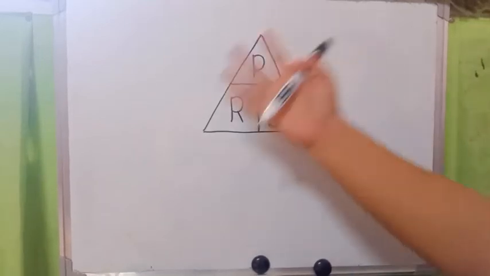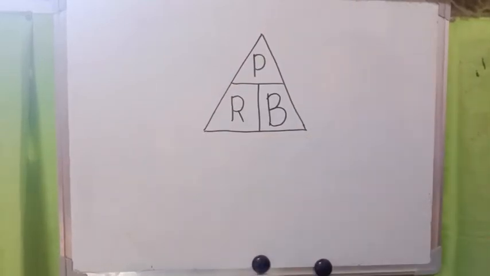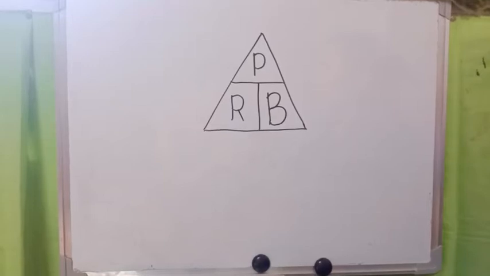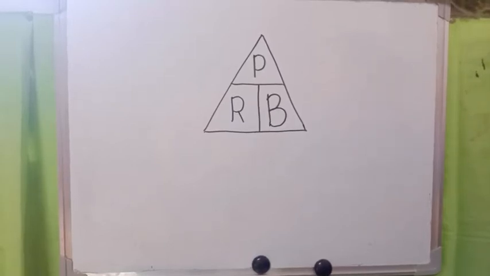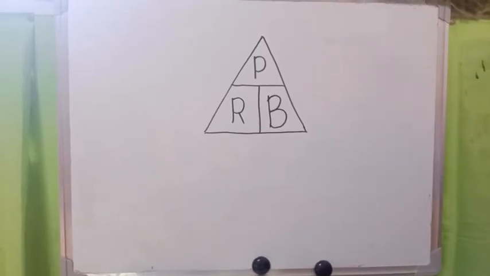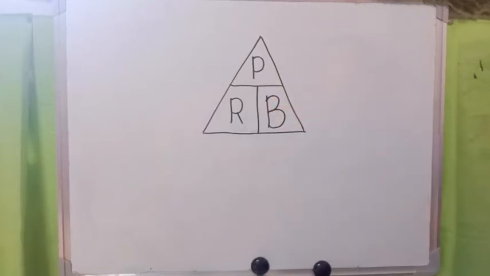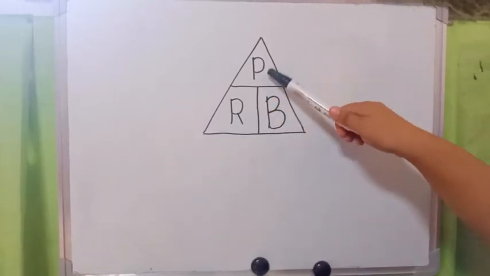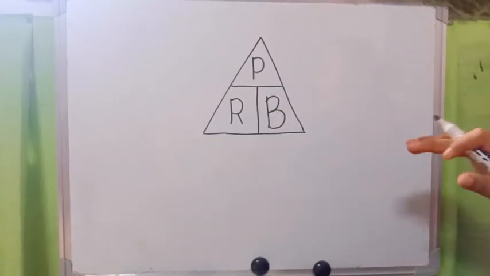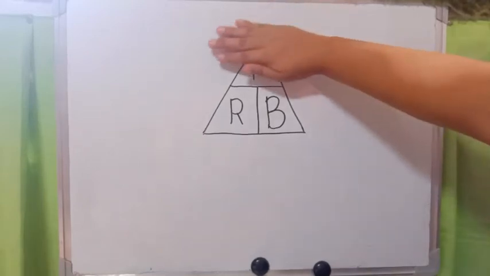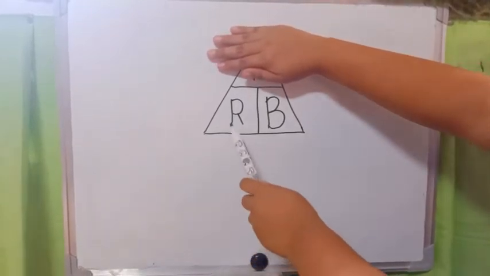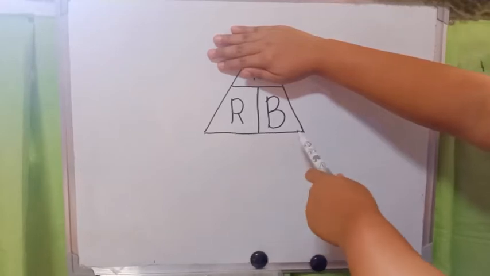Using this triangular form, we will find their formulas to get an easier way to come up with the answer. Let's start with percentage. For example, your percentage is missing, so we just cover the sign of P, and the remaining are the rate and the base.